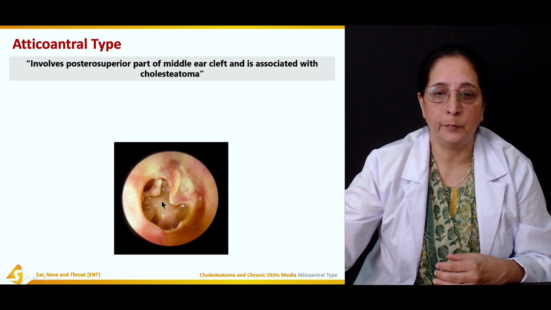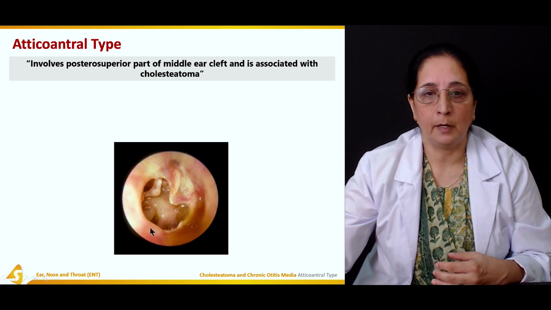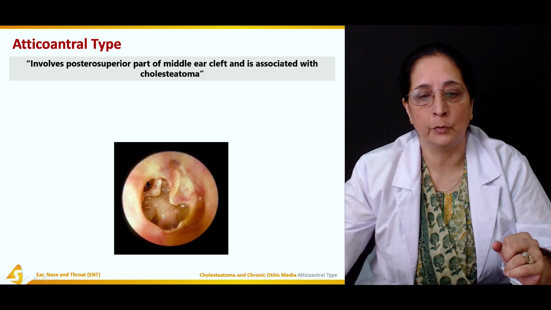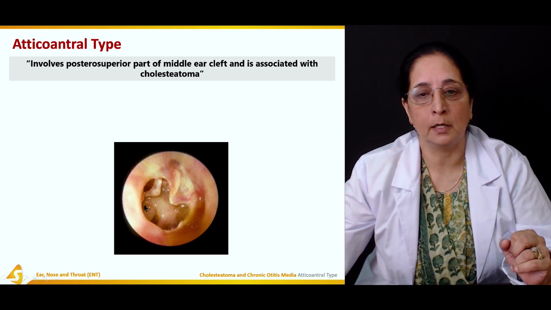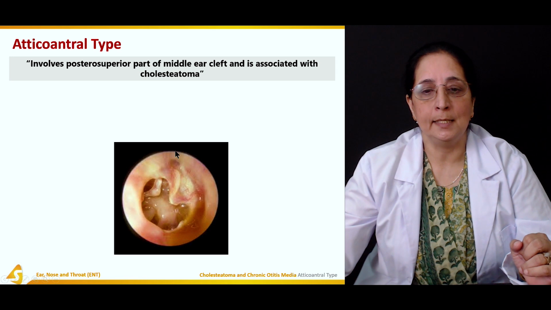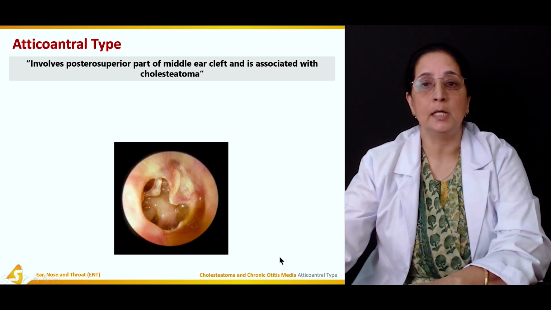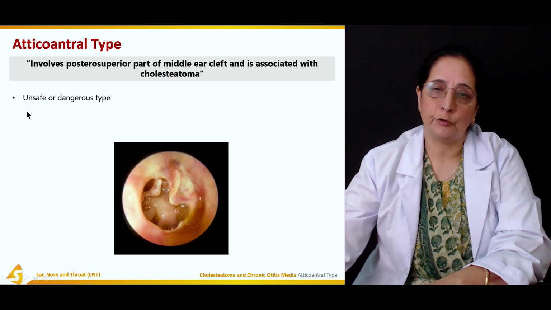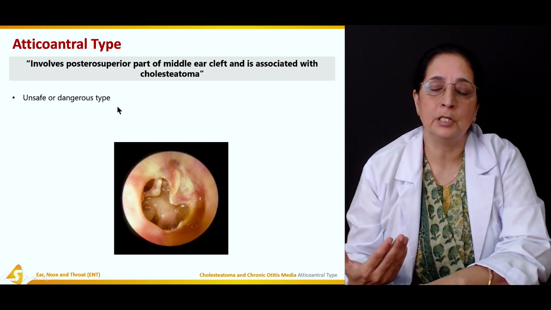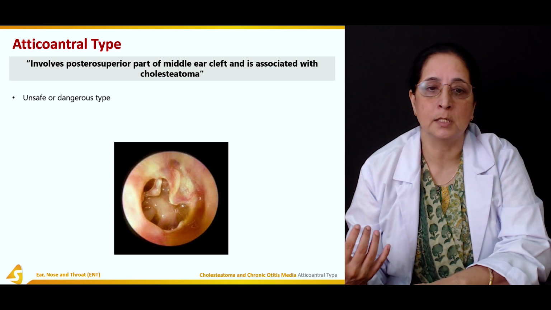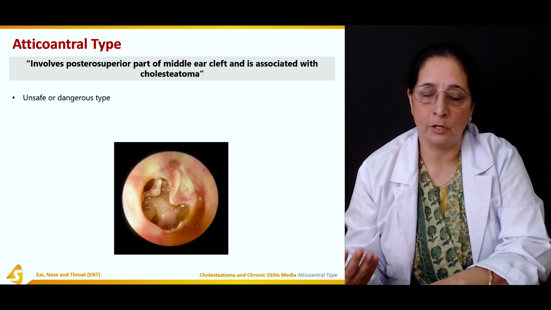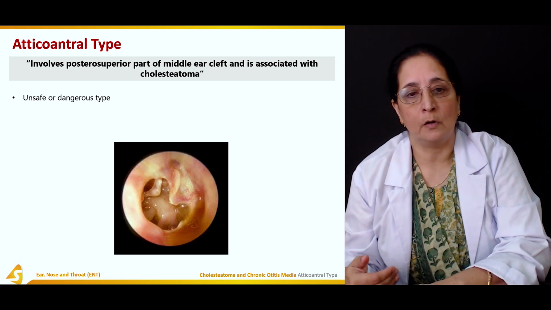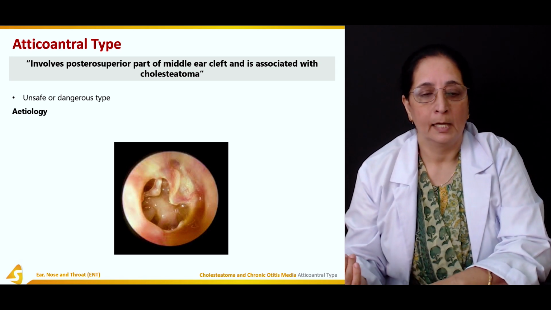So you can see the posterior part and the attic or the top part is involved. So the superior part of the middle ear cleft is involved and is associated with cholesteatoma. This is the unsafe or dangerous type. As I already mentioned, the tubotympanic type was the safe or benign type.